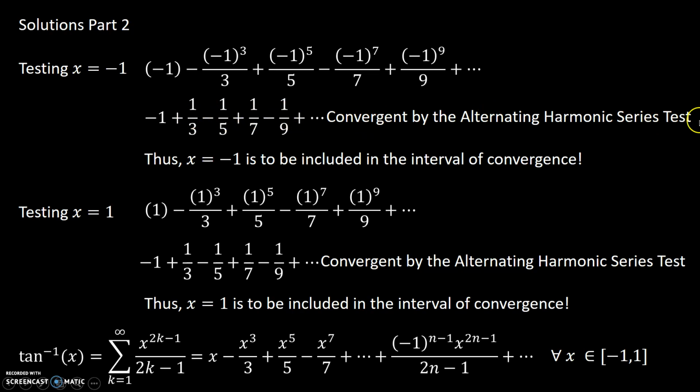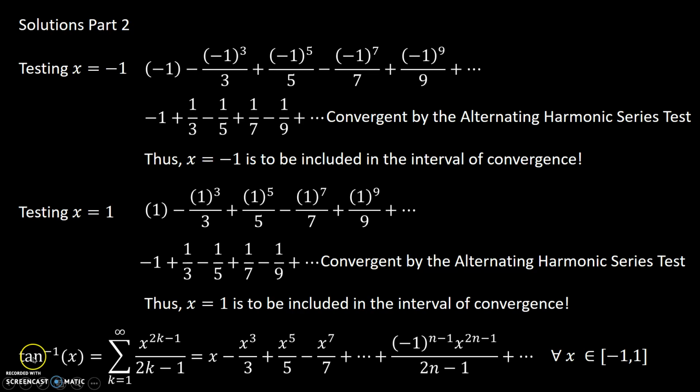That's the alternating series test. So because we plug in -1, it converges. Then we include it in the interval of convergence. Again, we test the x equals 1 boundary, plug in 1, we get another alternating series. So because x equals 1 causes a convergent series, we include it in the interval of convergence.